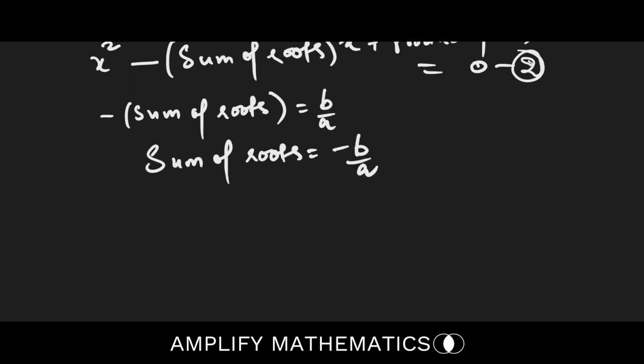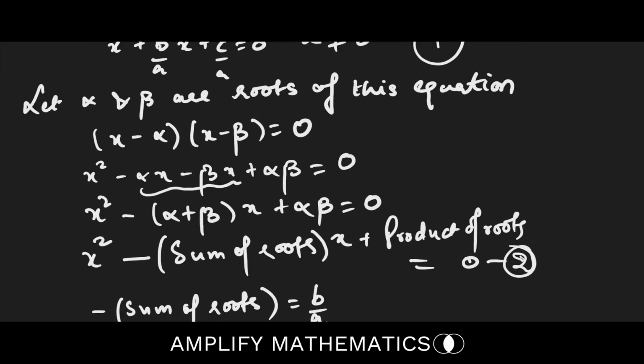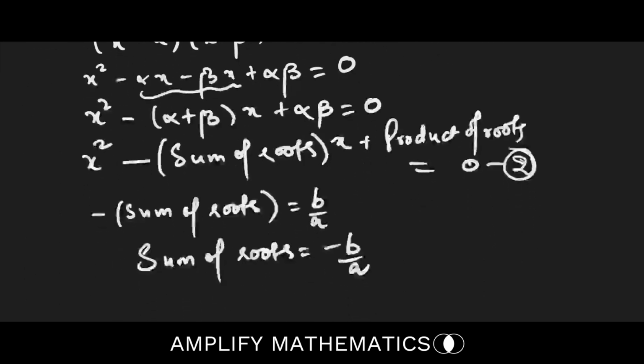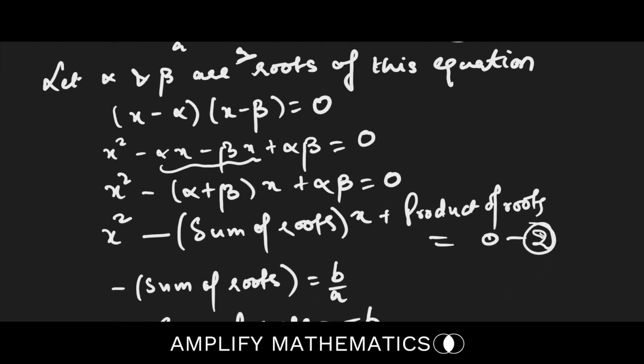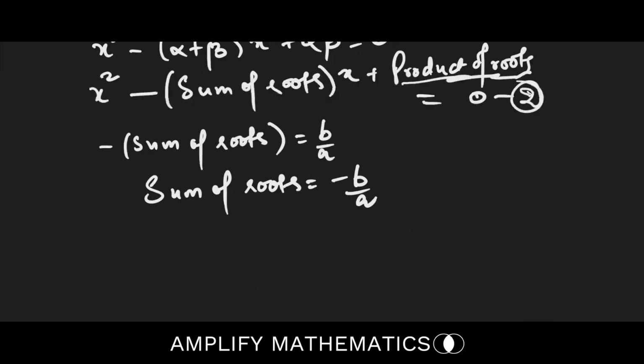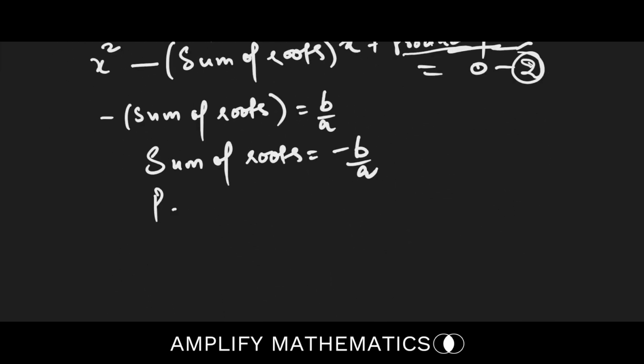Okay, also the product of roots should be equal to c by a. Okay, let's compare the constant term here. Here it was product of roots and here it was c by a. Product of roots is equals to c by a.